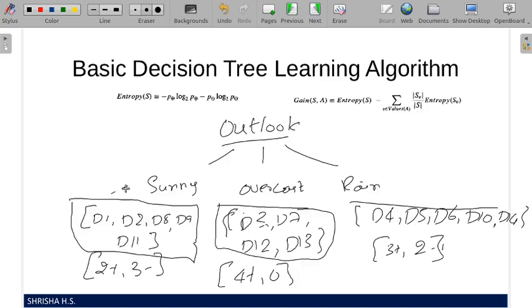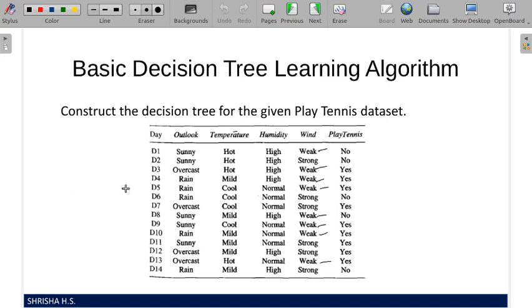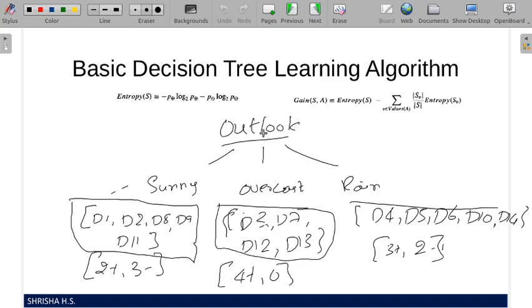So calculate temperature, humidity, wind. After outlook, what should be the attribute value here? We have the root here. After rain, what should be the attribute value? We have to select here, right?